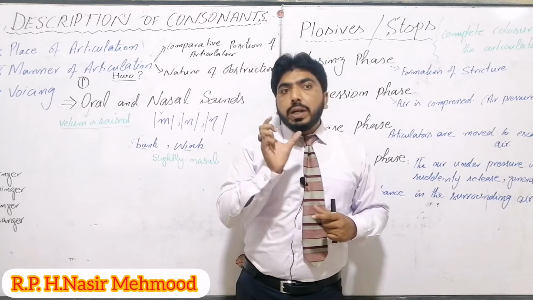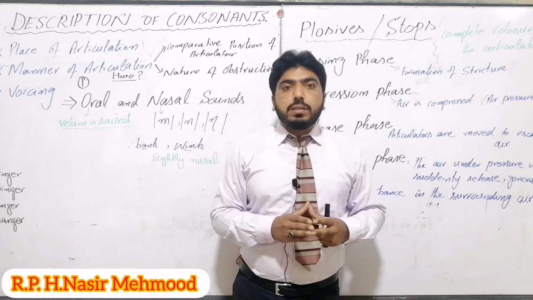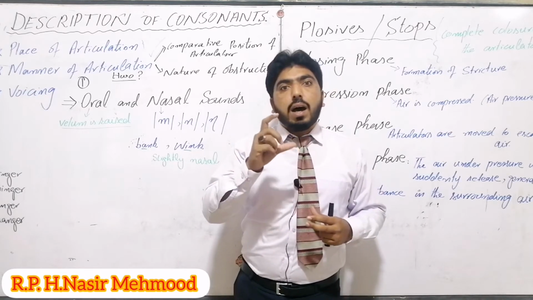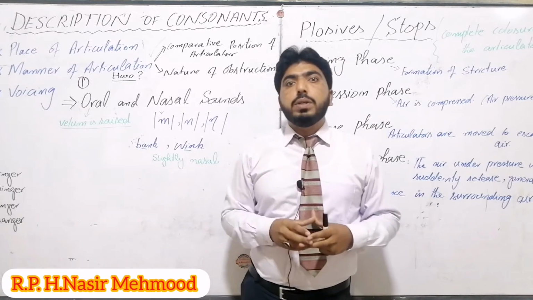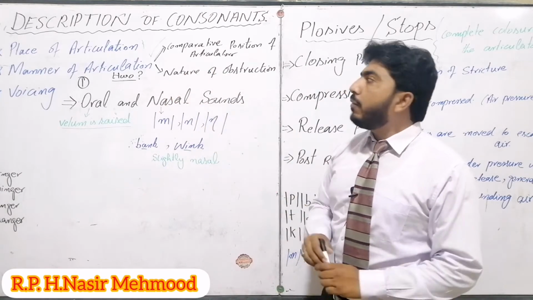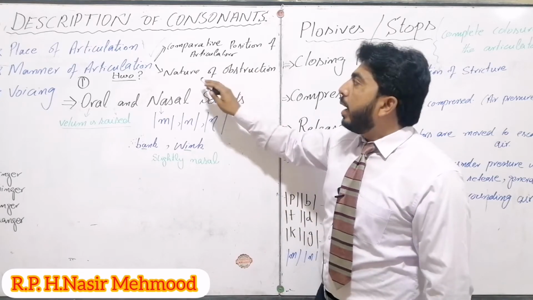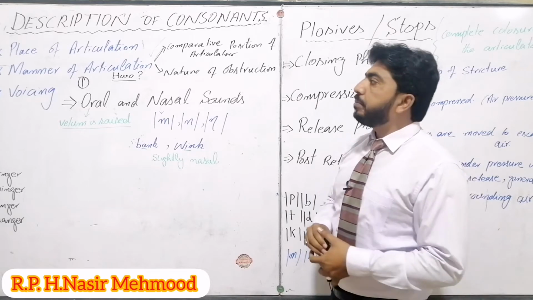And what is the nature of that obstruction: whether it is a full obstruction or there is less obstruction during the production of the sound. We will be looking at these two points while discussing manner of articulation: the comparative position of articulators and the nature of obstruction or stoppage of air.